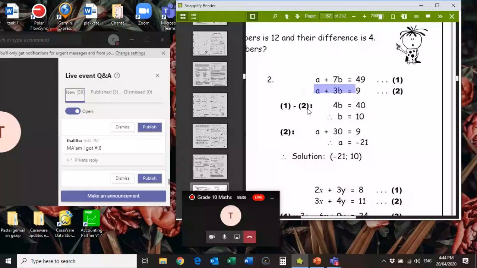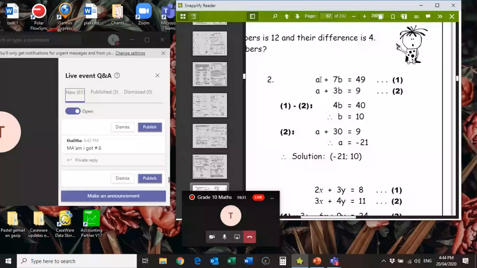We're going to minus 2 from 1 in order to get A away. If there's a minus in front, can you see that it's going to go minus A? But now I have to times that minus into the bracket that you drew. It's going to say minus times plus 3B, which is going to turn into minus 3B. And this is going to be minus 9.